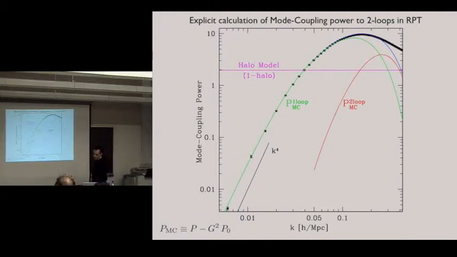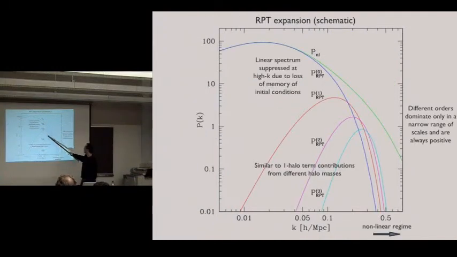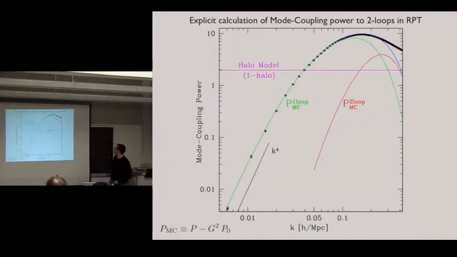So now let's go back from the schematic to the real thing. Let me now calculate exactly what these terms look like for a power spectrum with baryon acoustic oscillations and so on. So now I'm calculating the mode coupling power. I already compared the first term, the propagator, with simulations.